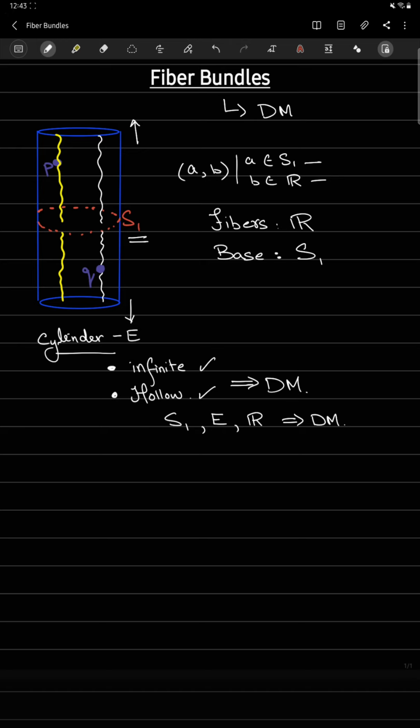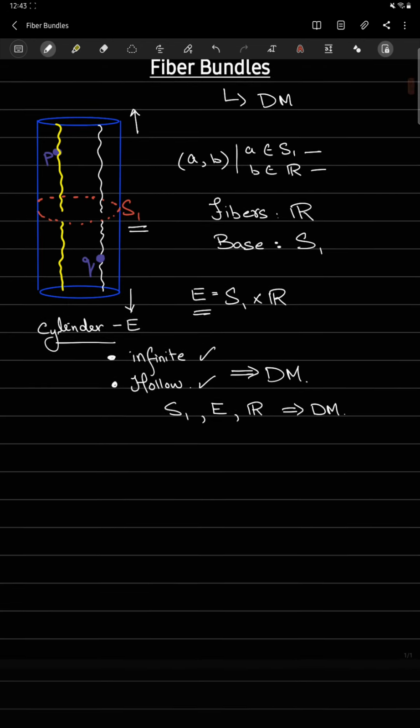My question was, how can I have a cylinder from these fibers and base, S1 and R? It's very simple, and it's pretty straightforward to see that if I take the Cartesian product of S1 and R, I get my E. So that's the cylinder.